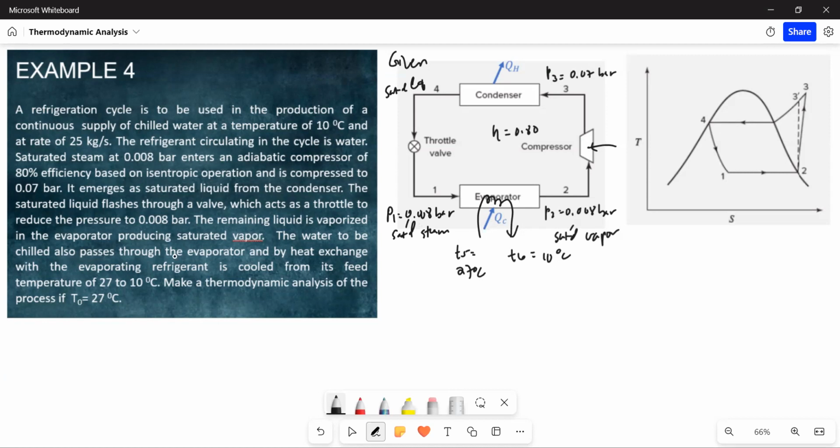The required is to make a thermodynamic analysis of the process, and this is quite a long problem.